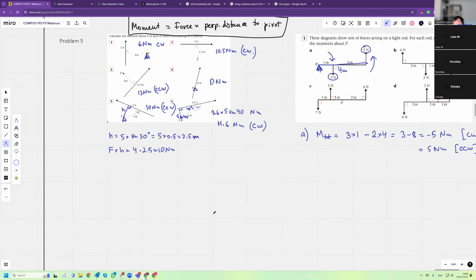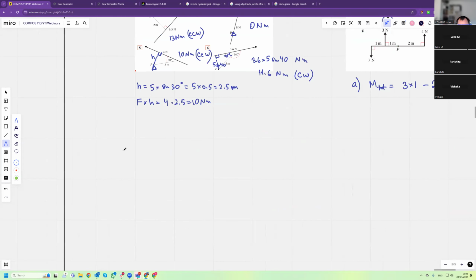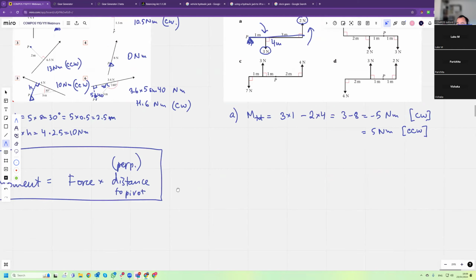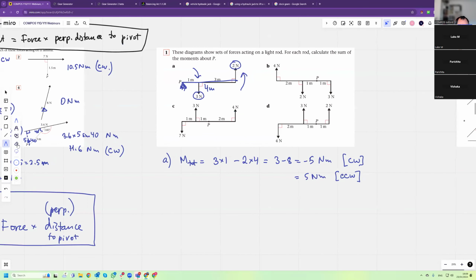A moment of a force. Moment is force times distance. But it's not just distance, it's a perpendicular distance to the pivot. Now, a moment is a vector, so it has direction.